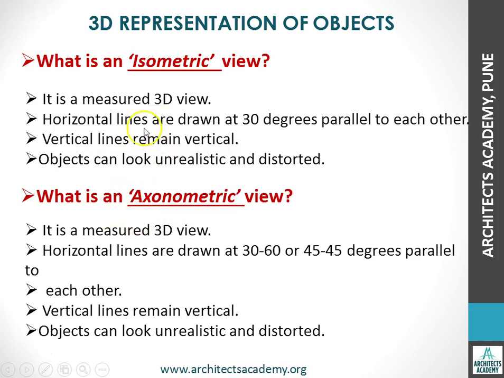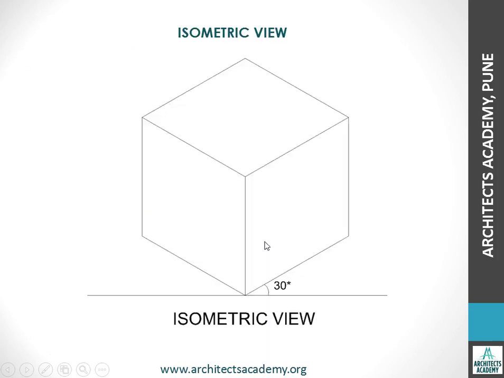So similar to the isometric view, there are also axonometric views, in which case the horizontal lines are drawn at 30, 60 or 45, 45 degrees parallel to each other. Vertical lines still remain vertical, and objects can again look unrealistic and distorted once the size of the objects becomes bigger.